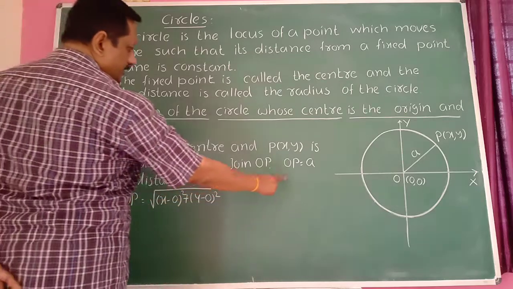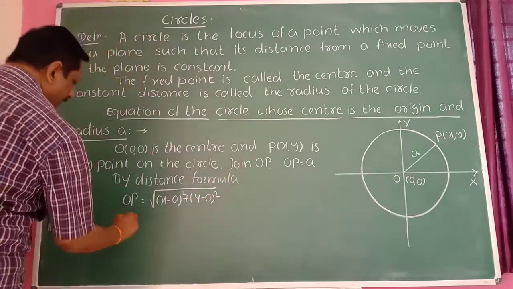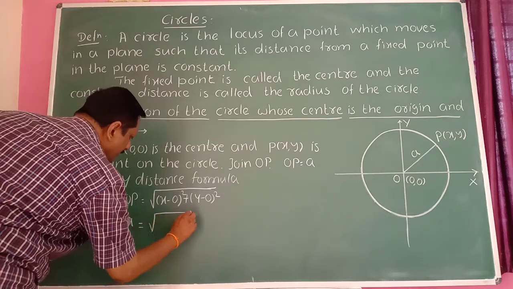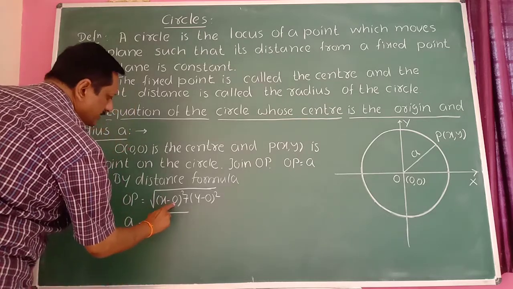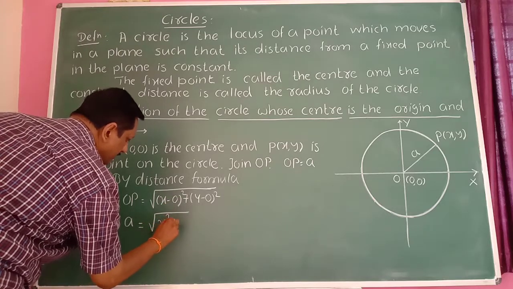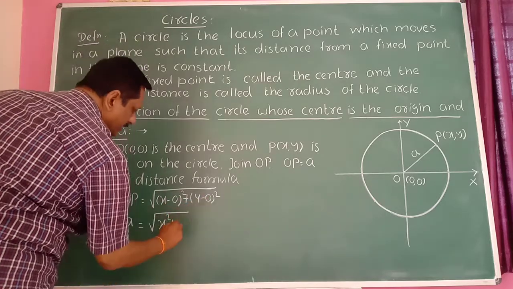And here OP is a. So replace OP by a. a is equal to root of x minus 0, which is x itself, squared, so it is x square, plus y square.